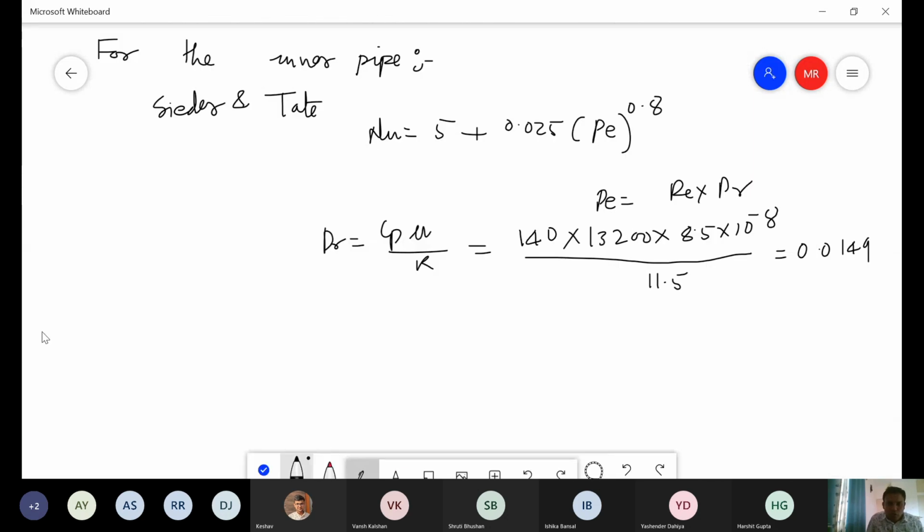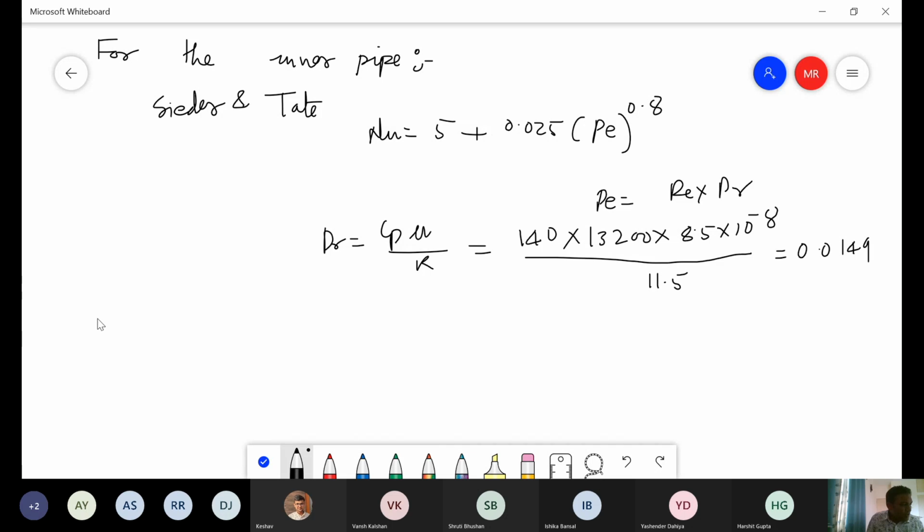Now we can put it in the equation. So in the equation, Nusselt number is given as 5 plus 0.025 into Reynolds number, which we have already calculated, that is 35060, into 0.0149 raised to the power 0.8.